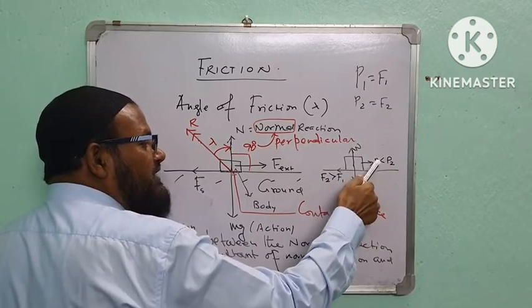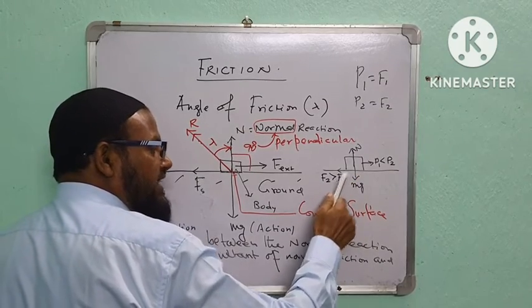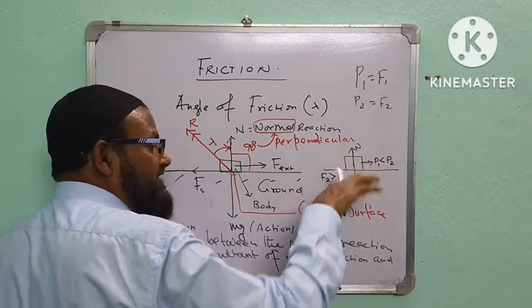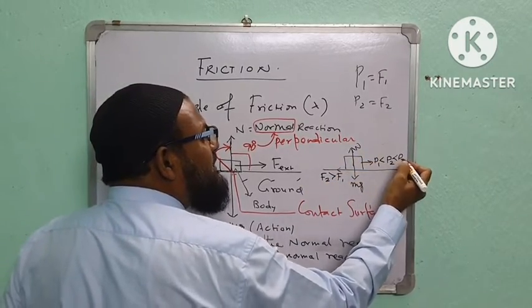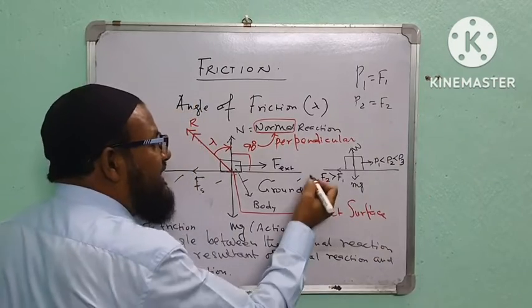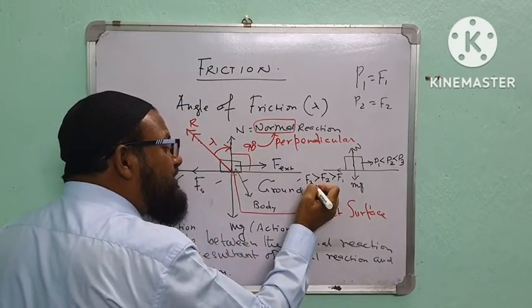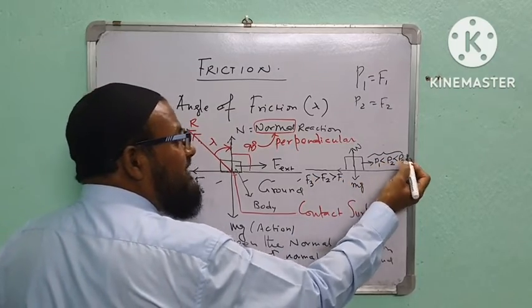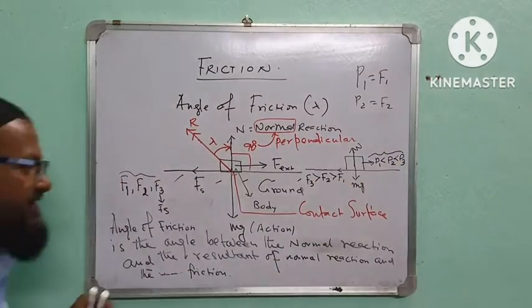P1 cancels F1, P2 cancels F2. The body will be at rest. Again P3, this force is applied. In this case F3. Please try to understand. Up to this, what is the condition? Body at rest.